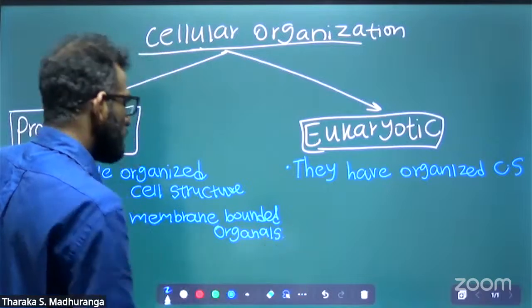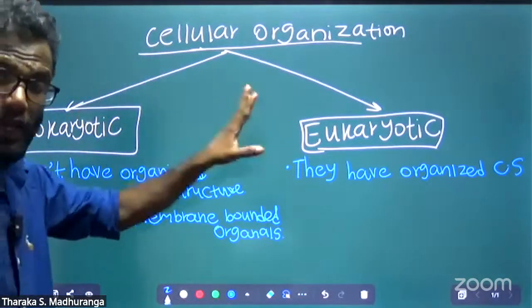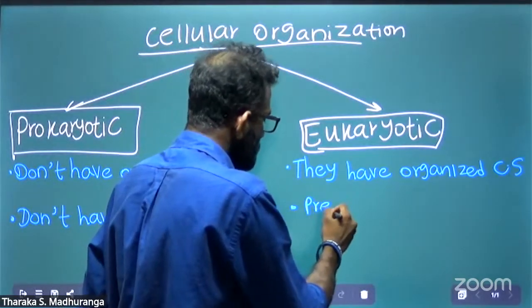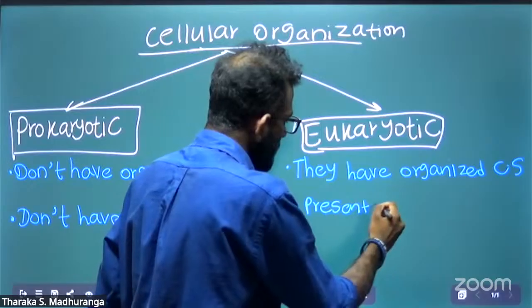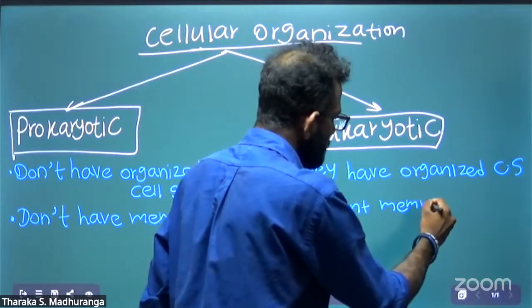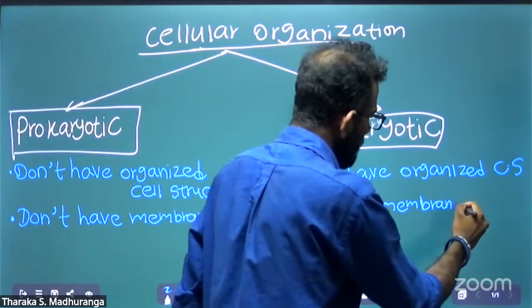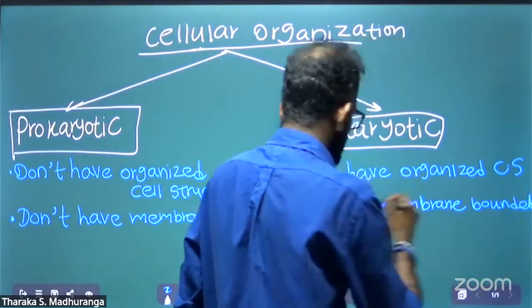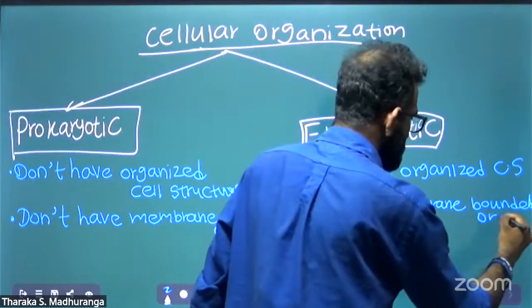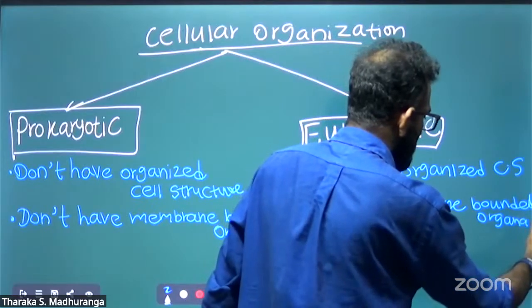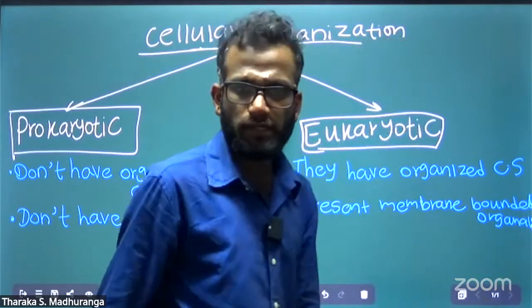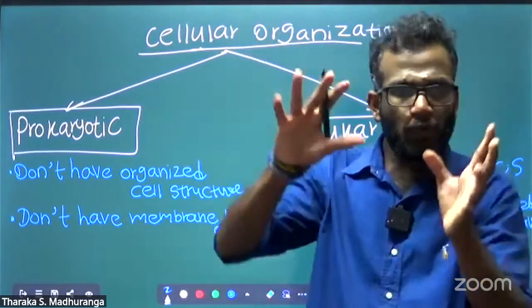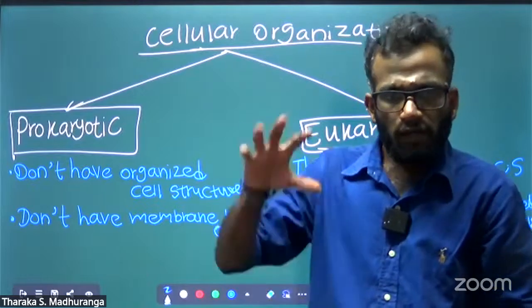Eukaryotic organisms have membrane bounded organelles.